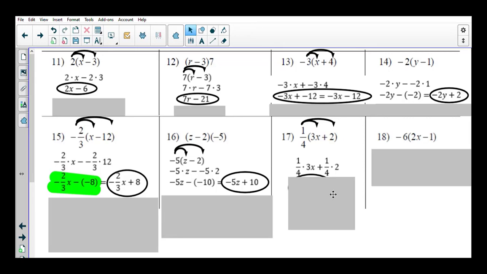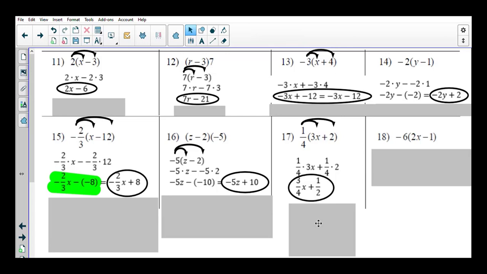That's not meant to do algebraic expressions like this. Just type in 1/4 times 3, which is 3/4. Hopefully that gives you that answer. It might give you the decimal of 0.75. We've got 3/4 x plus, and then 1/4 times 2 is 1/2. And your calculator should automatically simplify it for you, which is really awesome as well.